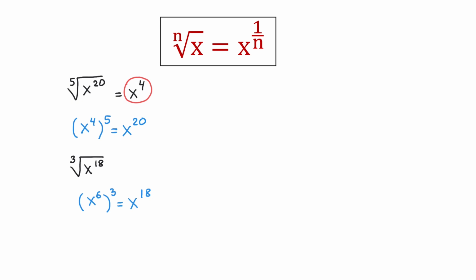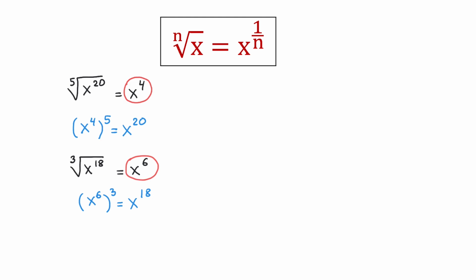So then, the cube root of x to the 18th power is x to the 6th power. Now, notice that in both these examples, to get the exponent in the result, we need to divide the exponent by the index. So 20 divided by 5 is 4, and 18 divided by 3 is 6.